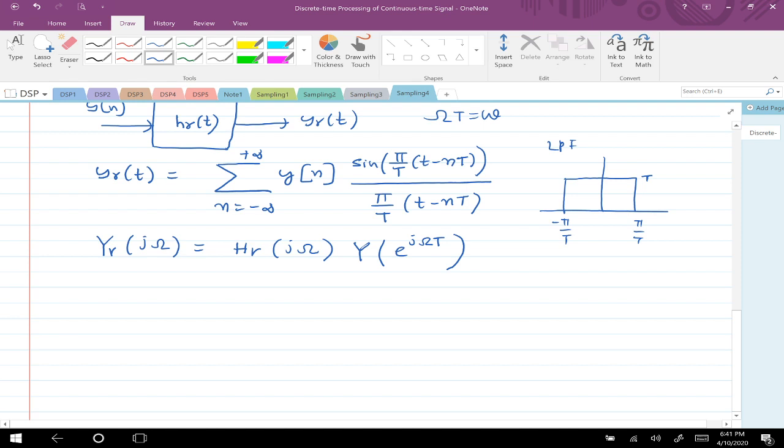And what is it that we are drawing? H_r(jΩ), and this is your Ω.